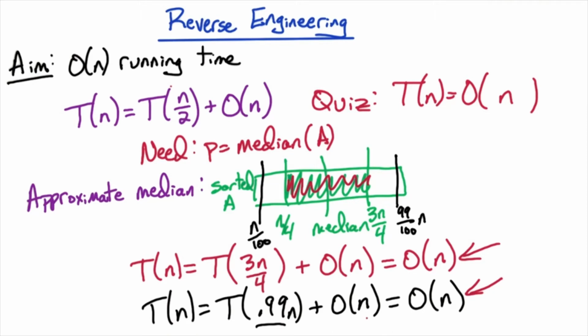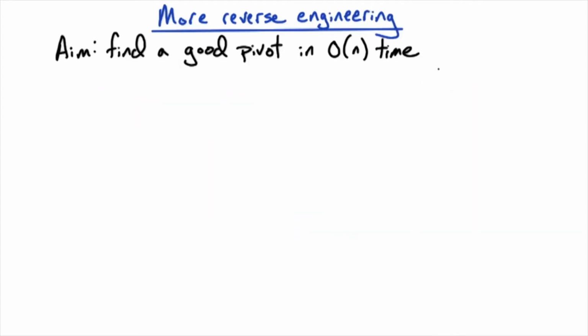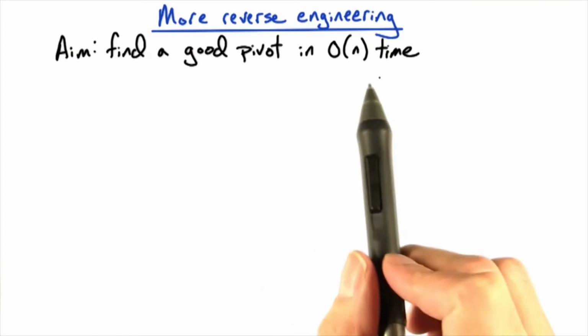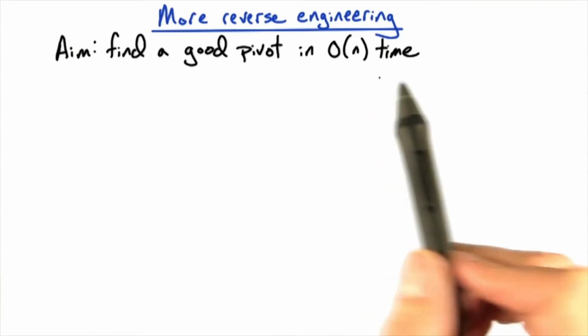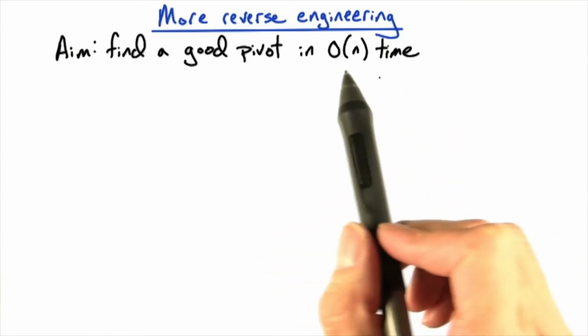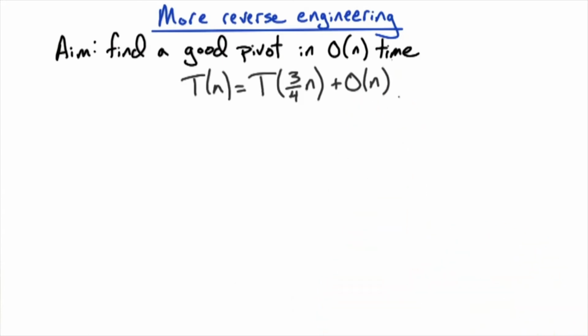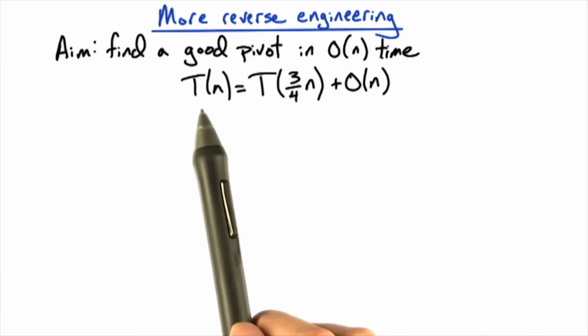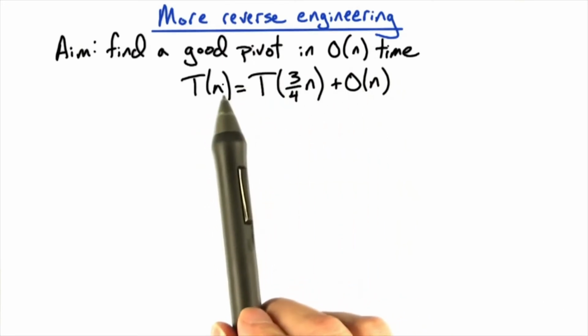But our definition of what is a good pivot is lying in this middle band between n over 4 and 3n over 4. Now our aim is to try to find a good pivot in order n time. And we want to do this in worst case order n time. What we just saw is an algorithm which finds it in order n expected time. Now if we can successfully find a good pivot in order n time, then the running time of our algorithm will satisfy the following relation.